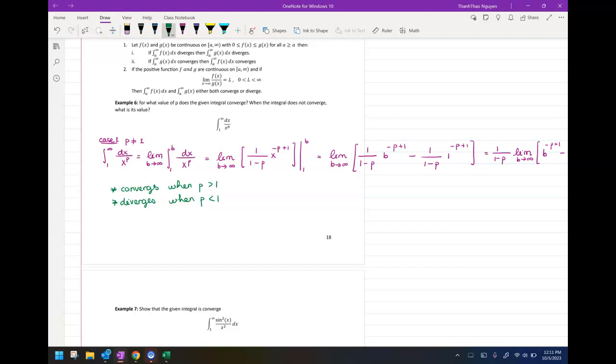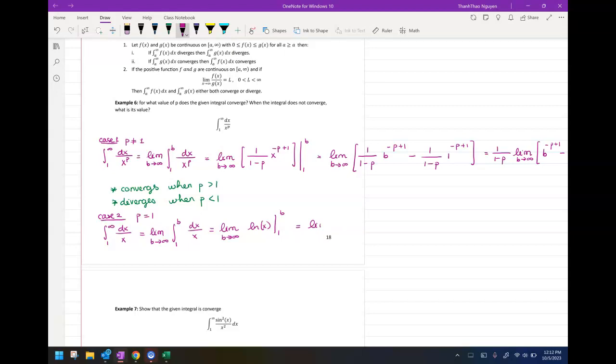What happens when it equals 1 then? Well, case 2, if p equals 1, then I'm looking at the integral from 1 to infinity of dx over x, which equals the limit as b approaches infinity of the integral from 1 to b of dx over x, which is the limit as b approaches infinity of ln of x evaluated from 1 to b.